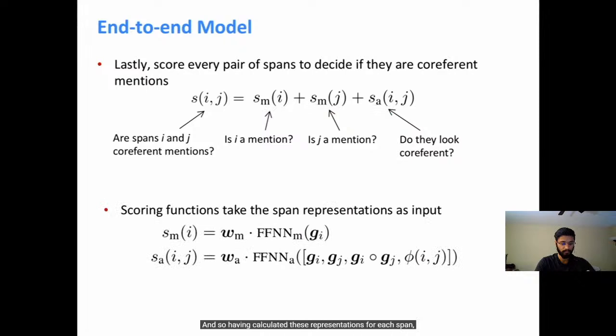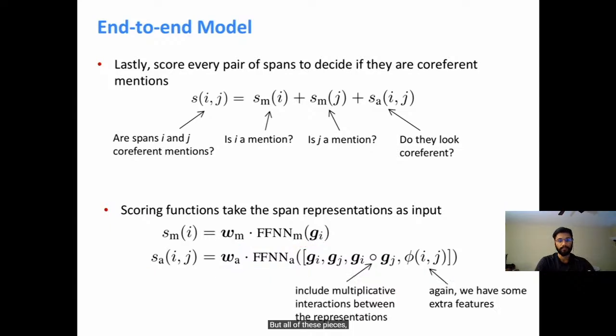Having calculated these representations for each span, you run things through a fully connected feed-forward network, multiplying by a weight vector, and that gives you the is-it-a-good-mention score. And then for are they co-referent, you take two spans, the pointwise Hadamard product of two spans, and some extra features like distance apart in the text, and put them through another neural network, and that gives you are these two spans co-referent.